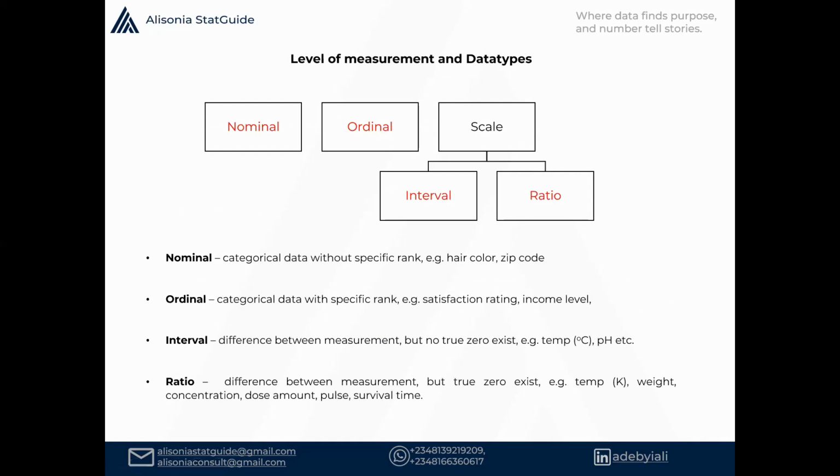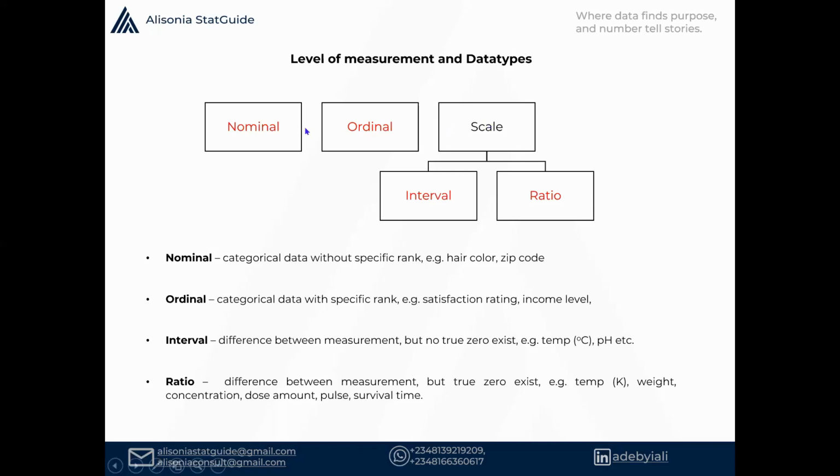So here we talk of levels of measurement and data types. We need to be very attentive here. If you are conversant with SPSS, when coding your data, if it asks for level of measurement in the last column, it brings three options: nominal, ordinal, and scale.